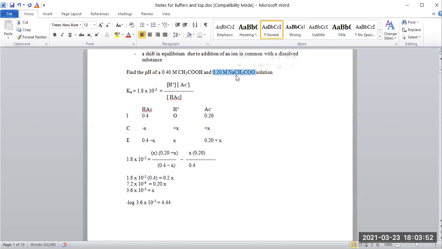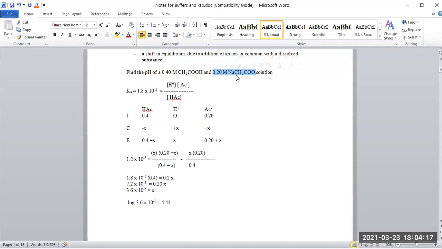Look at your Ka value. Your Ka has a 10 to the negative 5th exponent. So that's 4 orders of magnitude, 4 exponents worth of difference there. I'm probably okay in doing an approximation.